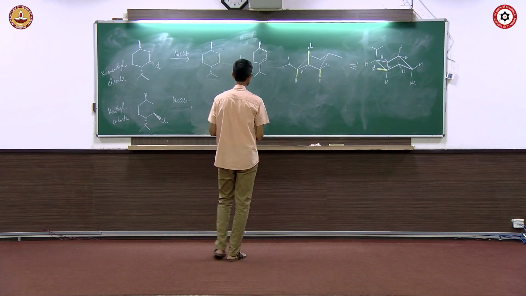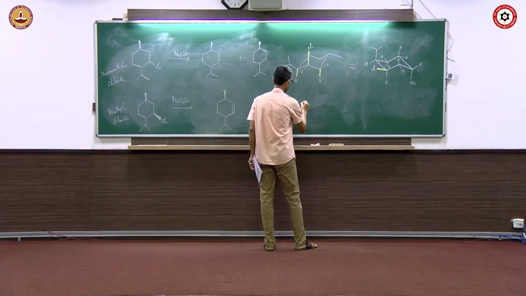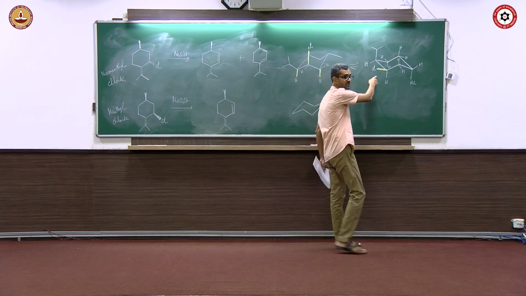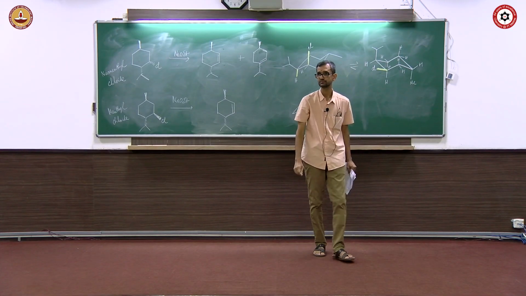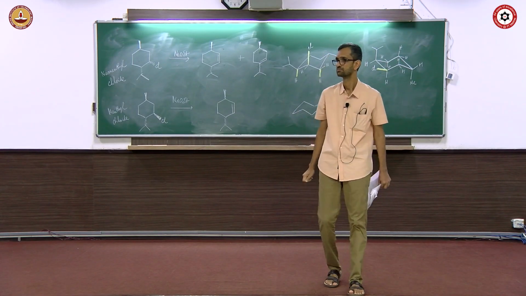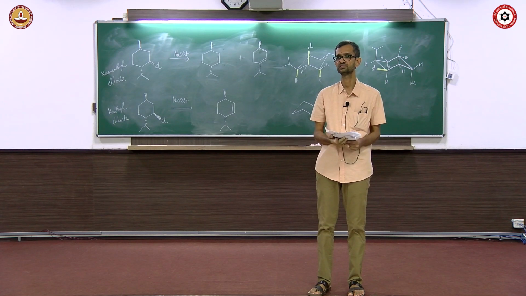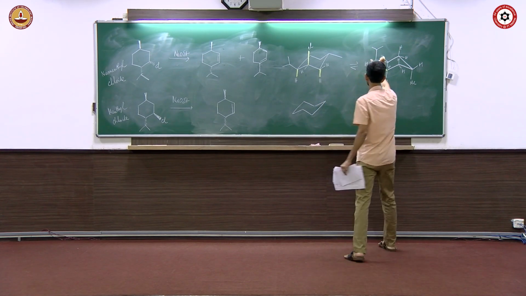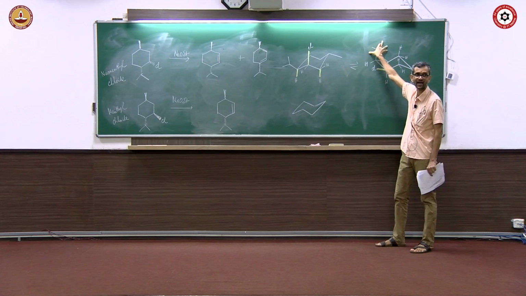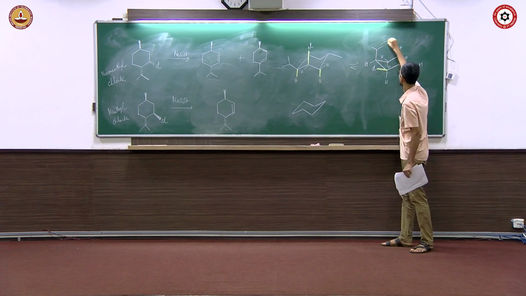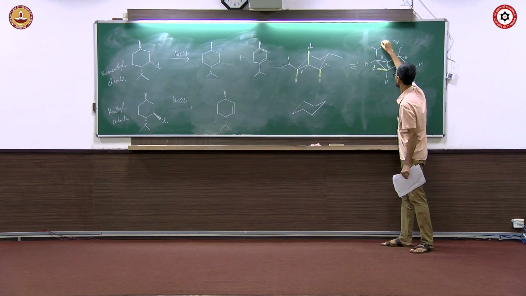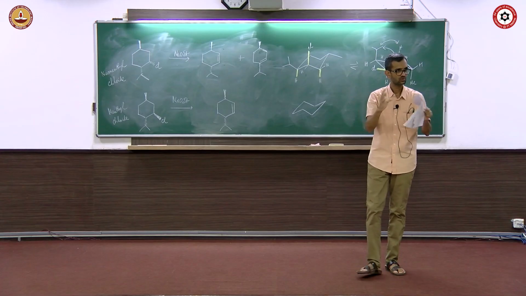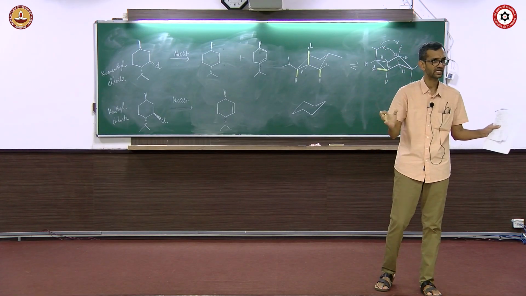If you take this particular structure, is this conformation possible to achieve? Why is it possible or why is it not possible? You have such a bulky group, isopropyl, at the axial position. You will have severe 1,3-diaxial interactions. These hydrogens would impose a huge steric environment.